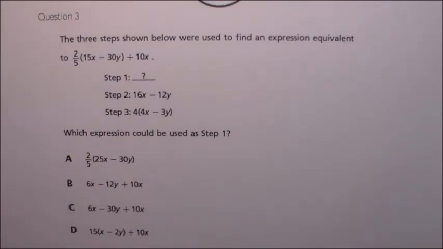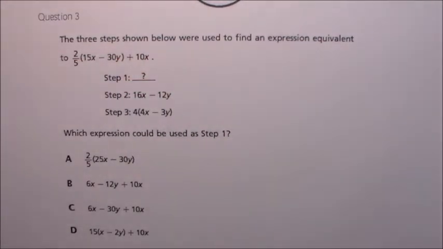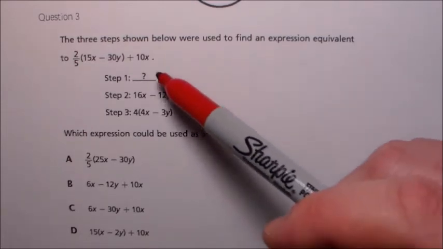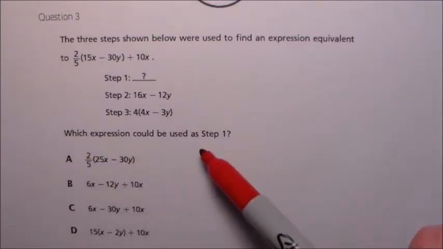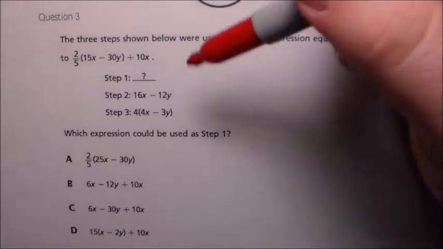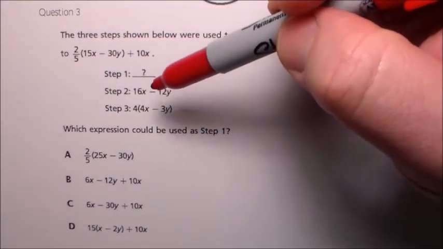The 3 steps shown below were used to find an expression equivalent to 2/5 parentheses 15x minus 30y in parentheses plus 10x. Here's step 1, here's step 2, here's step 3. Which expression could be used as step 1? Well, obviously, for step 1, we have to use the distributive property, right?